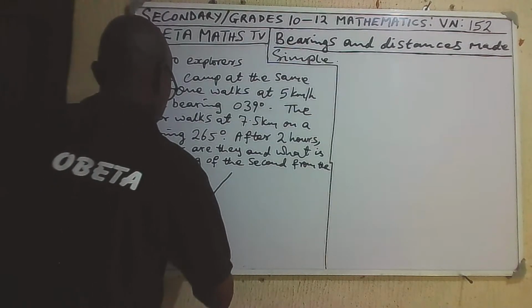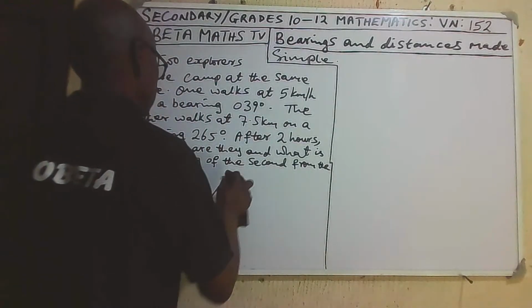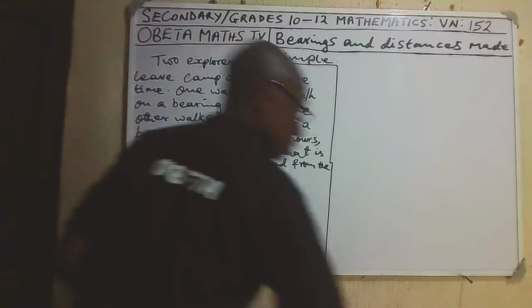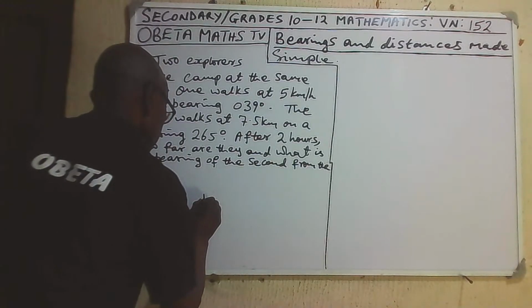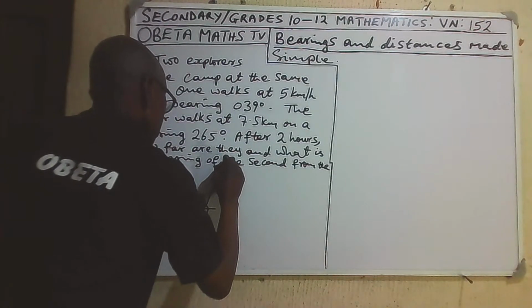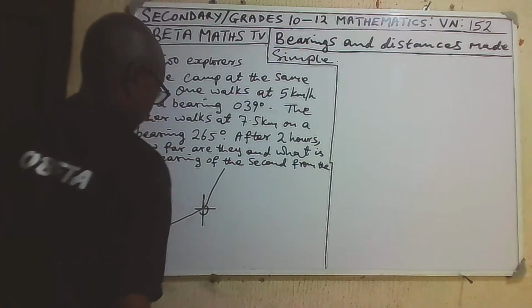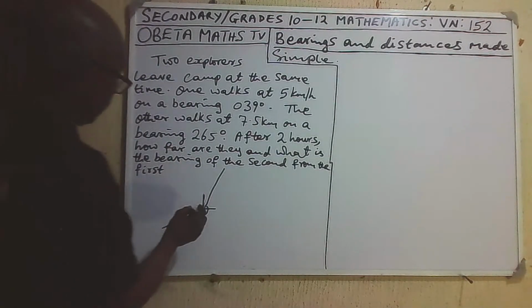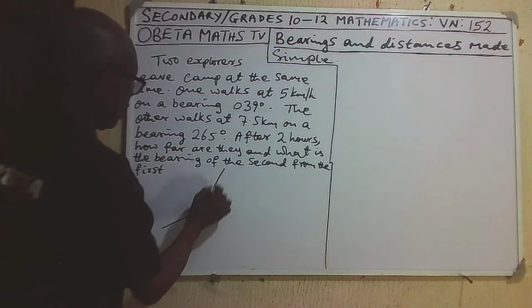Now, let me redraw this so that it will look clearer. So this is 265, while this is 39.